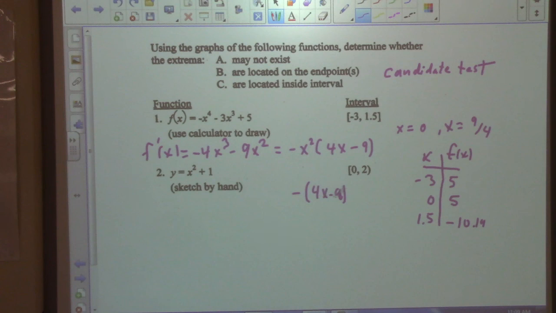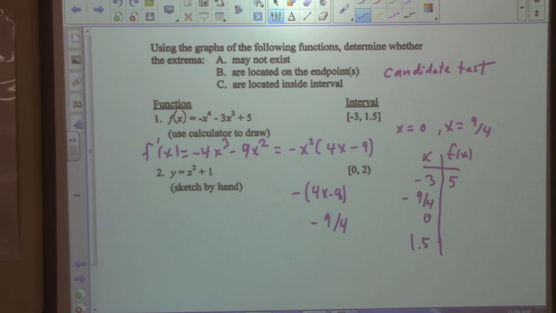So instead of being 9/4, it's going to be negative 9/4. So negative 9/4 is part of the deal, and we have 0 and 1.5.